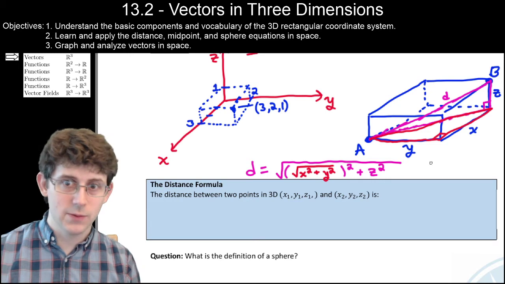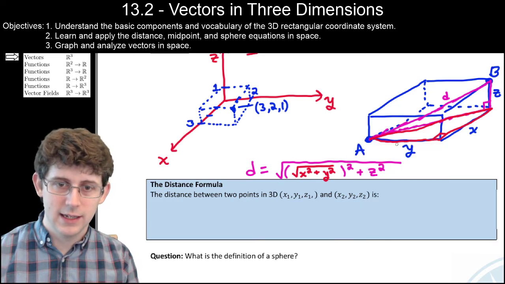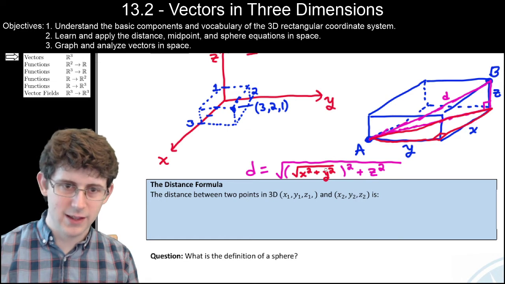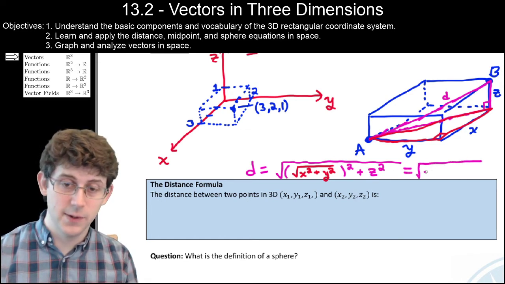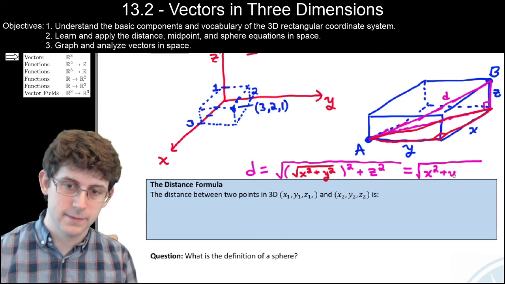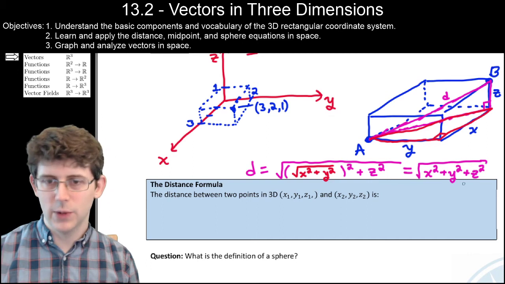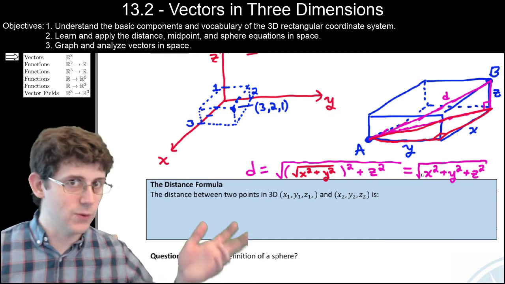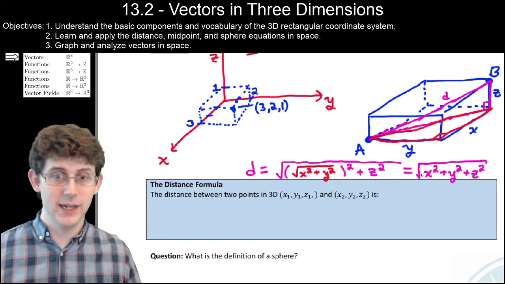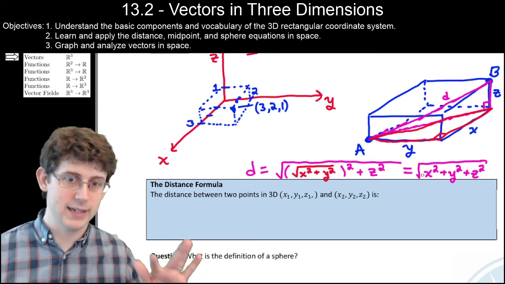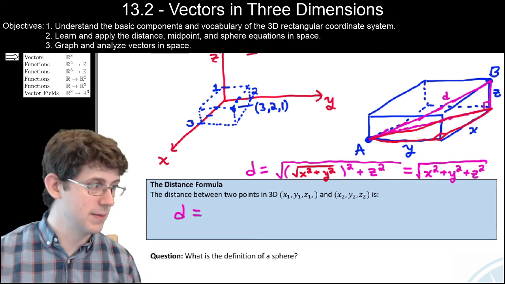And what you notice when you write out what happens with the 2 triangles is that when you square the square root, you end up with something that's symmetrical in all 3 coordinates. So it doesn't actually matter which coordinate you think of as the x or y or z coordinate. You take all the components, whether there's 2 or 3, square them all, add them up, and take the square root of the result. So that will be our distance formula in 3 dimensions.